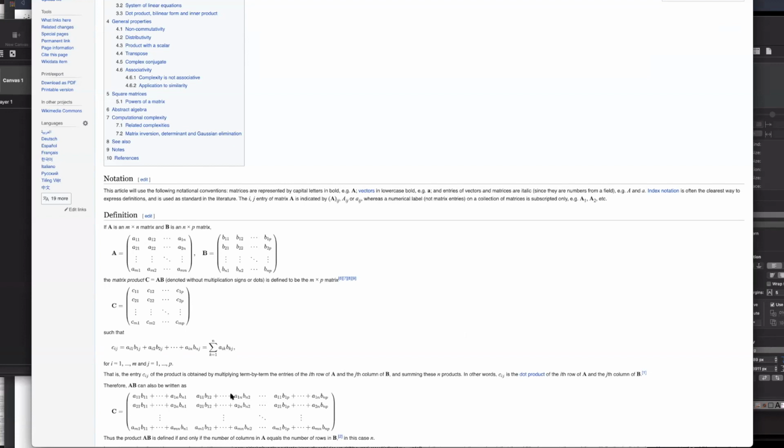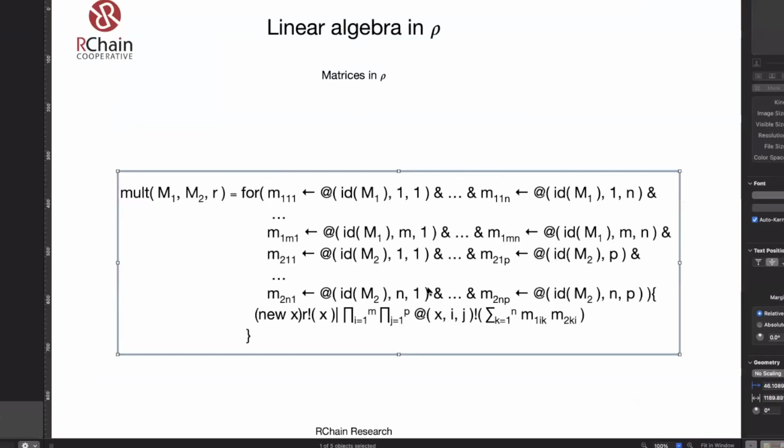Here's again the notational weight of matrix multiplication in standard notation, and we can compare that to the notational weight here. So it's the same order of magnitude, right? But there's a lot of extra information here that is explicit.